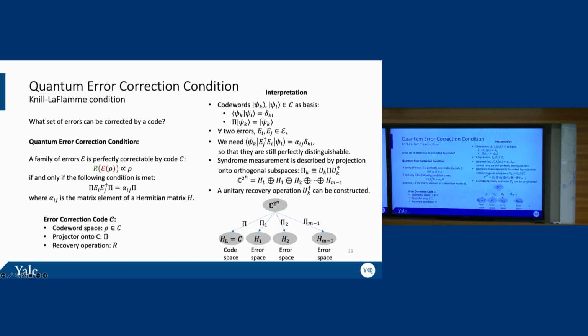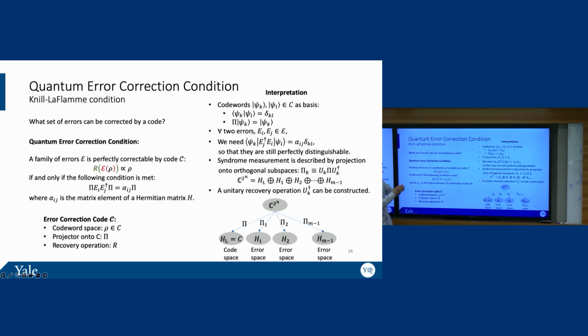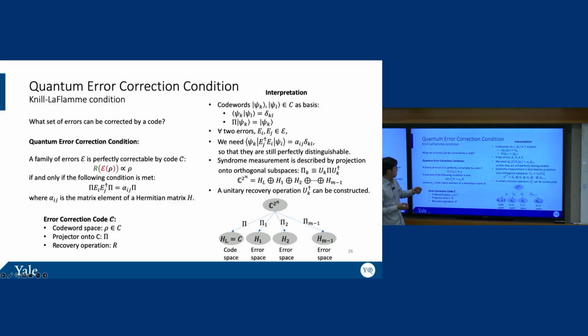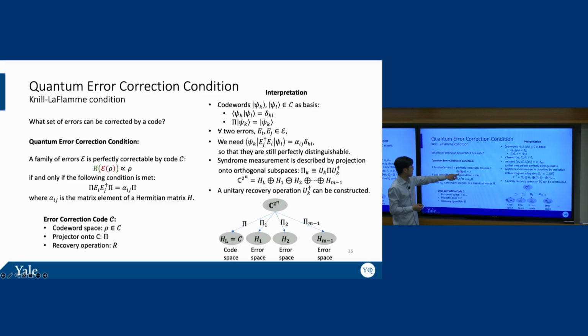In order to understand if a family of errors is perfectly correctable, I want to make sure that we define correctable by saying that if the quantum state you start with undergoes some error channel epsilon, hopefully your recovery, or the detection plus correction, can bring you back to the quantum state rho.